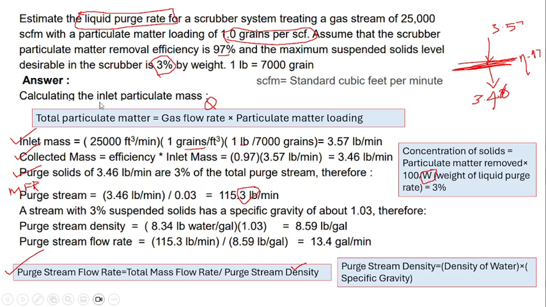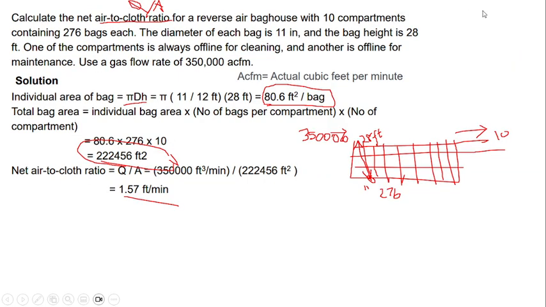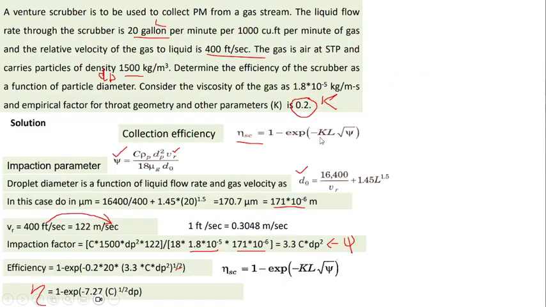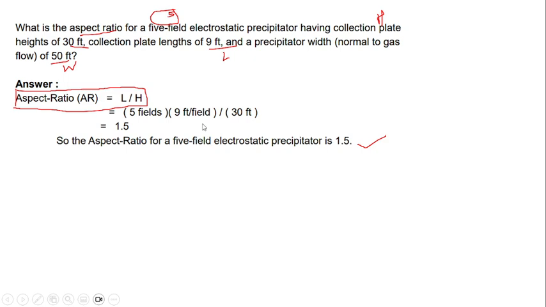The aspect ratio of the bag filter is Q by A, and the aspect ratio of the electrostatic precipitator is L by H. For the bag filter you calculate the area with the help of how many bags and how many compartments. Here you have to note down how many fields there are since it is an electrostatic precipitator. Here 5 fields are used, so you have to multiply the value of L divided by H by 5 fields to arrive at the aspect ratio.